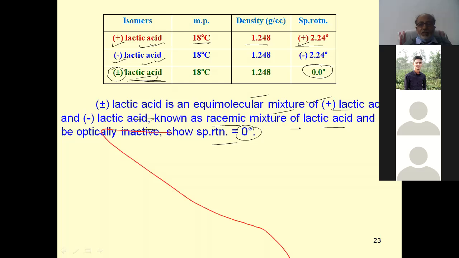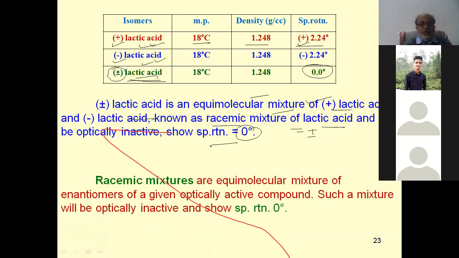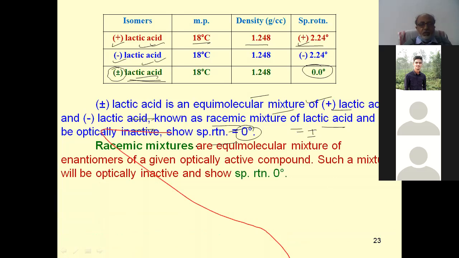But because it is a mixture, we can separate them, and that separation process is called resolution. This racemic mixture is an equimolecular mixture of enantiomers. What are enantiomers? Enantiomers means mirror image structures.